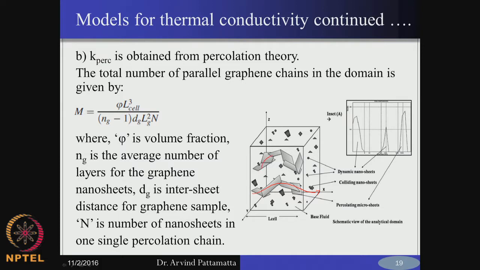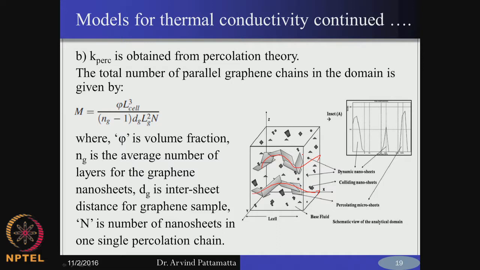So, not only is it a random motion, but they also form a chain which will promote a network for transport of heat. This is called the percolation component, and to understand it, we first have to estimate how many such parallel chains can be formed.